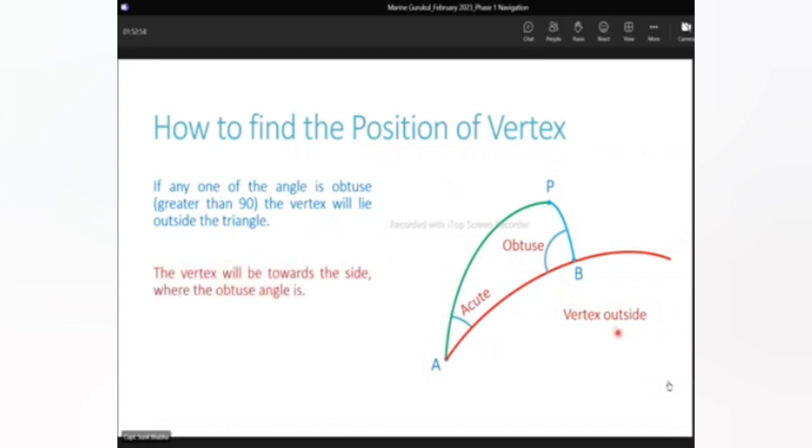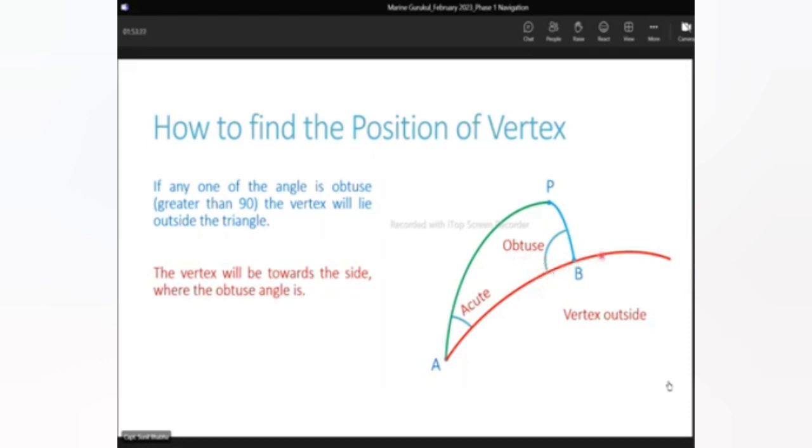Now, when it lies outside the triangle, the next question which comes to our mind is, on which side will the vertex lie? Will it go out on the side of the obtuse angle, or will it go outside on the side of the acute angle? So always remember, the vertex will always be towards the side where the obtuse angle is.